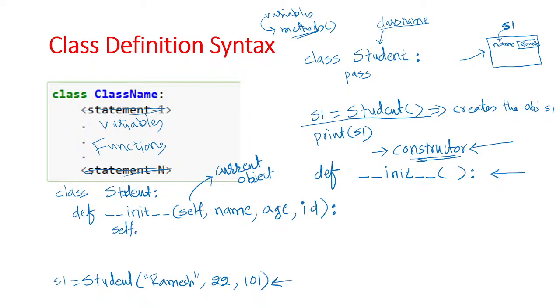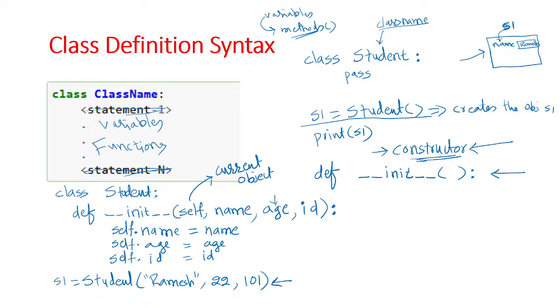The attribute is defined like this: self.name equals name, self.age equals the age value you are getting here, similarly self.id equals id.